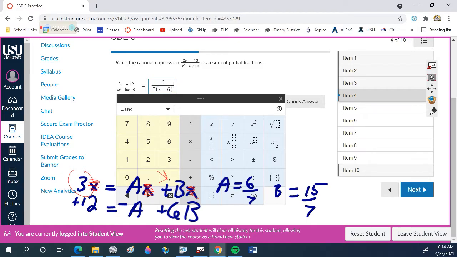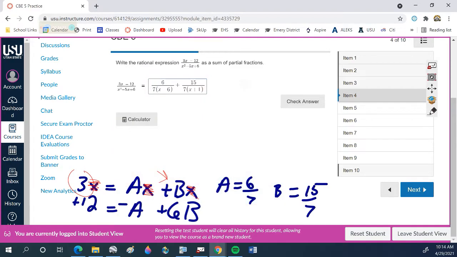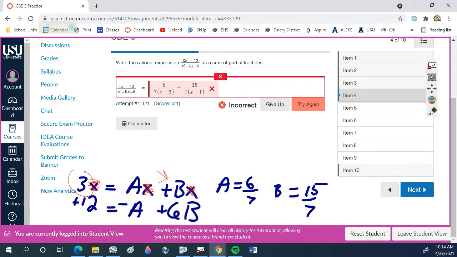And then plus 15 over 7, and then x plus 1. All right. See if I got it.